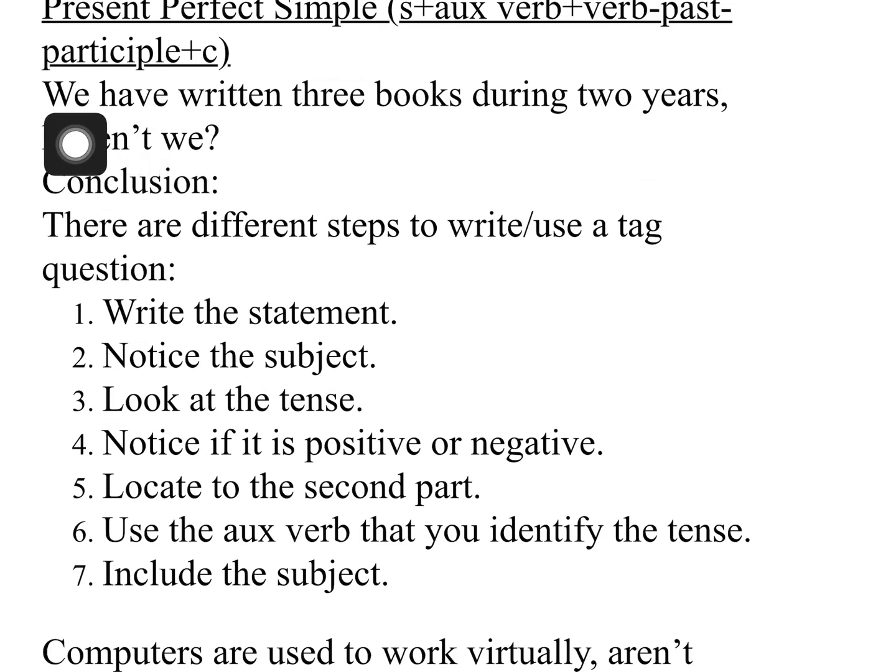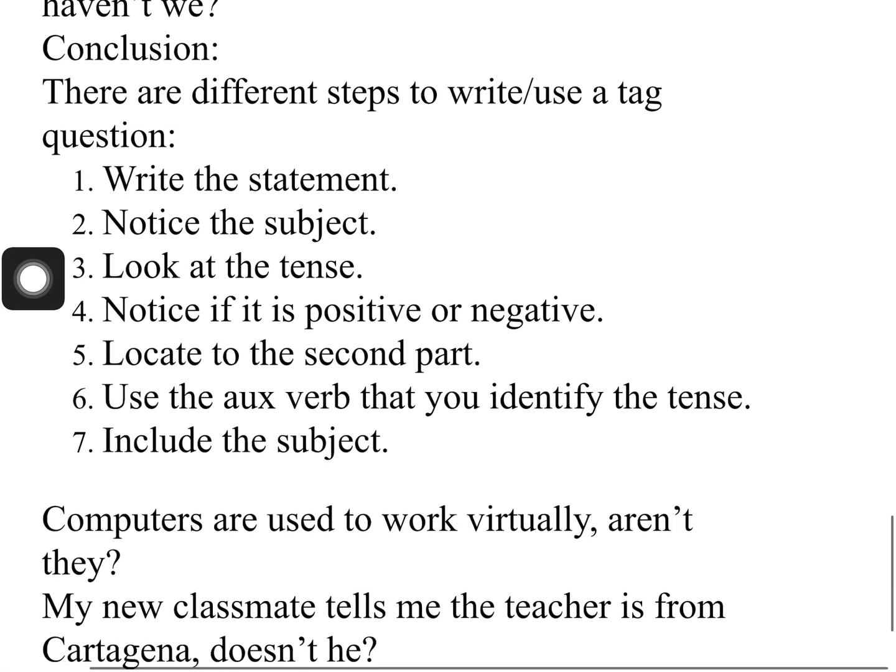We are going to construct subject plus auxiliary verb in present perfect, have, verb in past participle, and the complements. So we say we have written 3 books during 2 years. Haven't we? Why haven't? Because it is here the auxiliary verb, have, haven't.